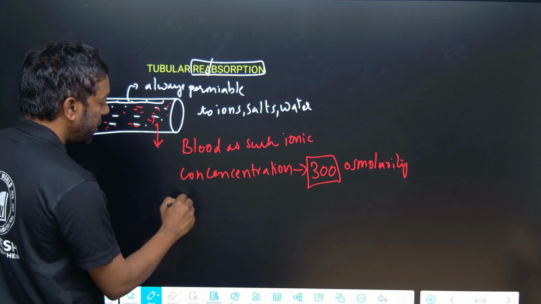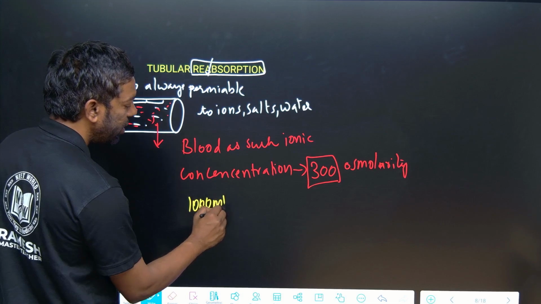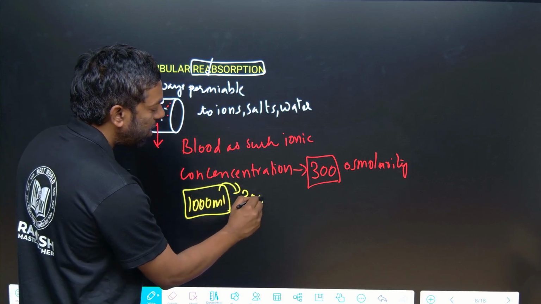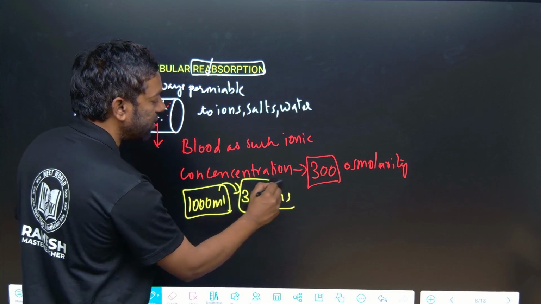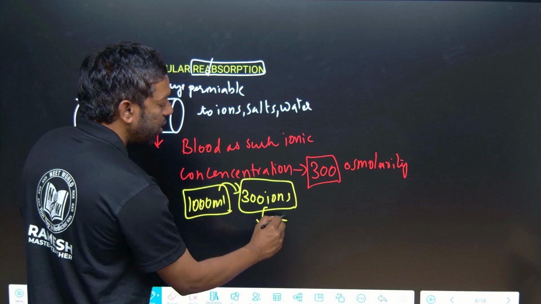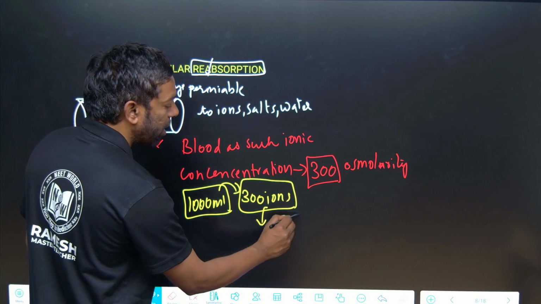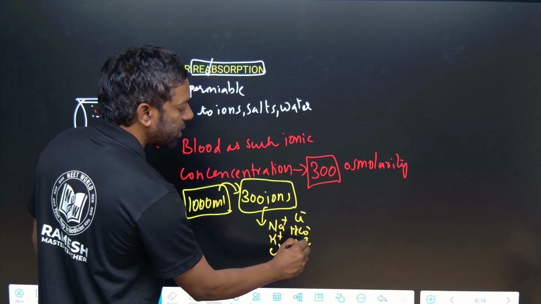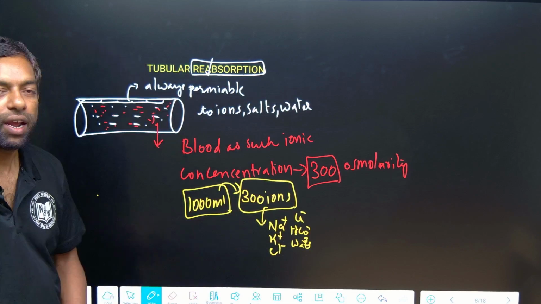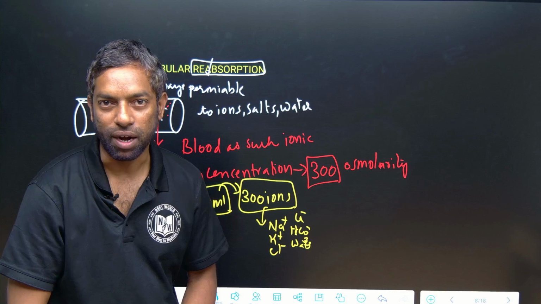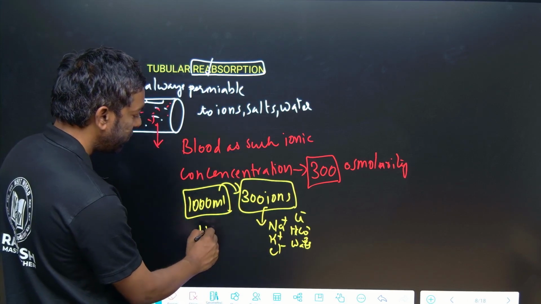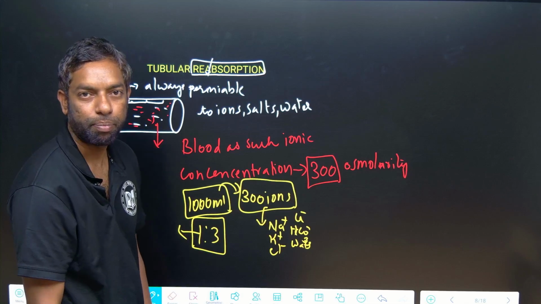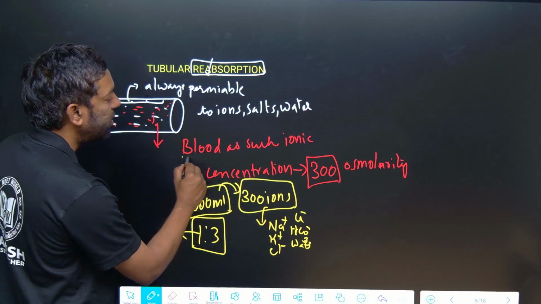If we take 1 liter of blood, meaning 1000 ml, there are 300 ions of different kinds, such as sodium, potassium, chlorine, calcium, and HCO3. That is a 1:3 ratio, about 1% ions in 1 liter. This is the ionic concentration of blood.